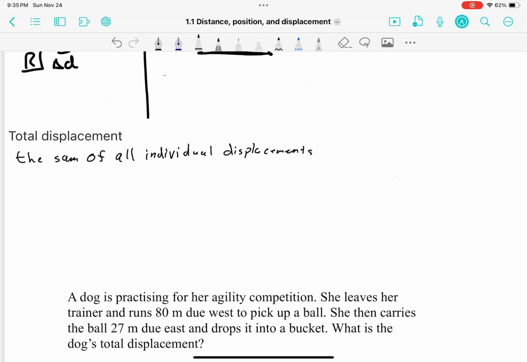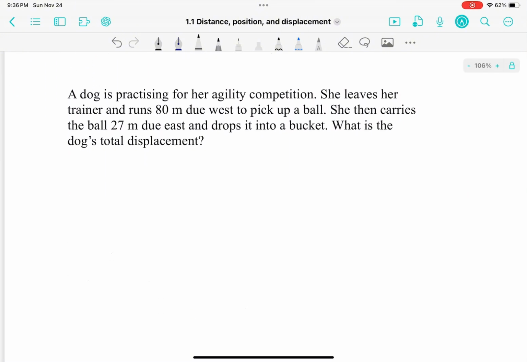And the formula for this that we typically use is delta D vector is equal to delta D1 vector plus delta D2 vector. And we're still using the symbol delta D because we are still working with displacements.